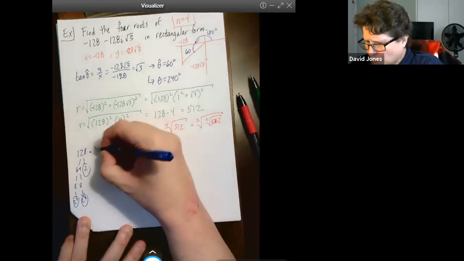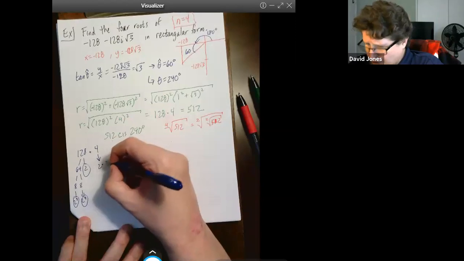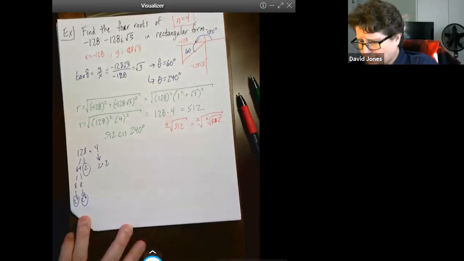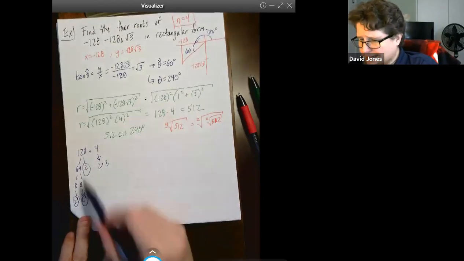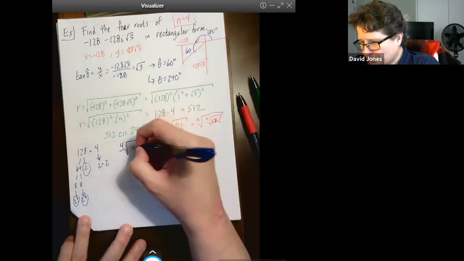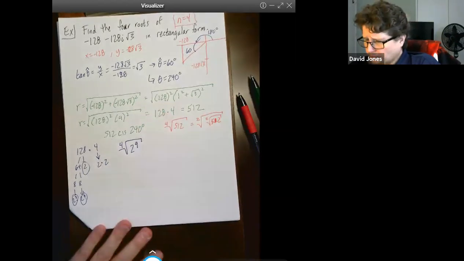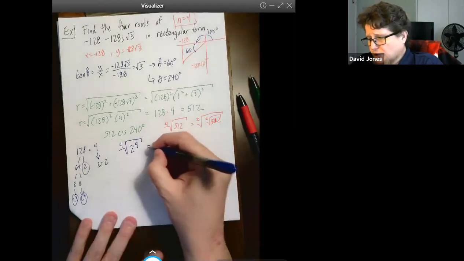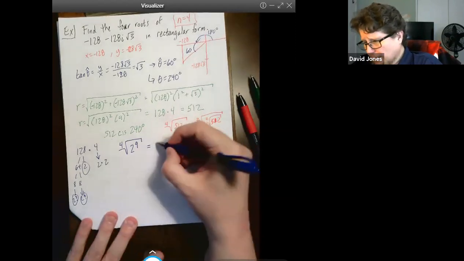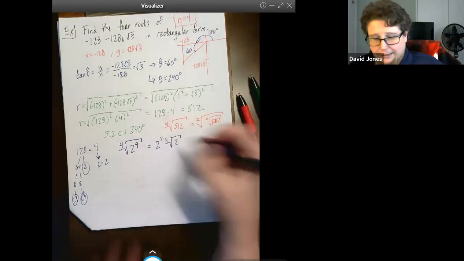Then I'm times 4, and that means I got another 2 and another 2. So I've got a total of 3, 6, 9 2s. I'm looking for the fourth root of 2 to the 9th power. Which means I should be able to pull out a 2 squared and still have the fourth root of 2 on the inside.